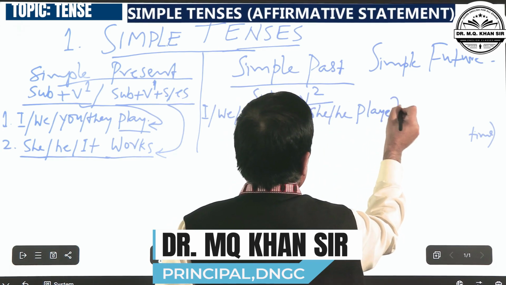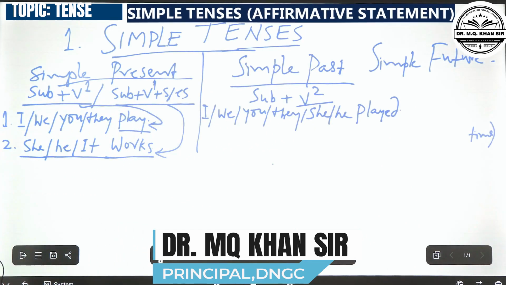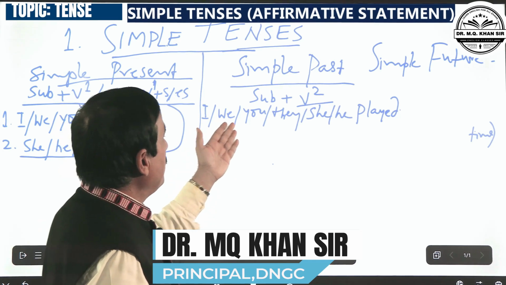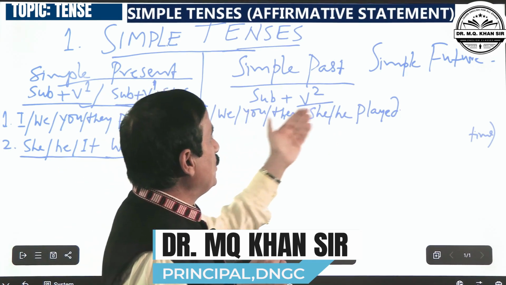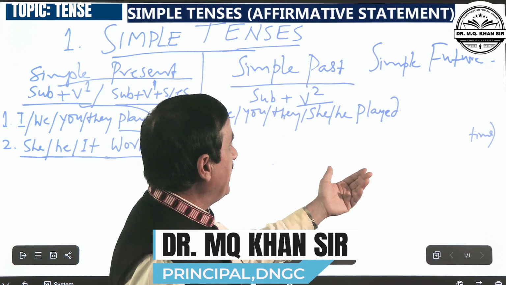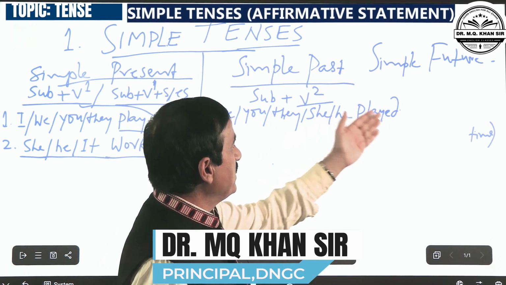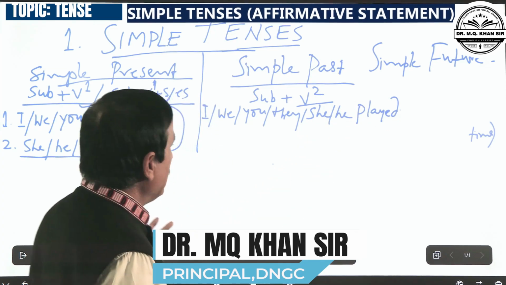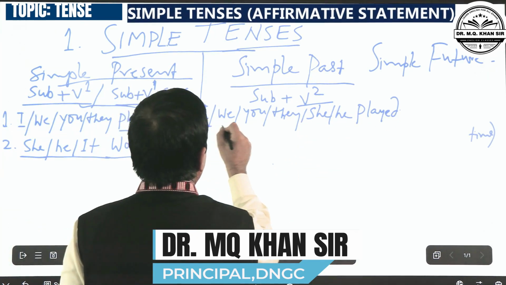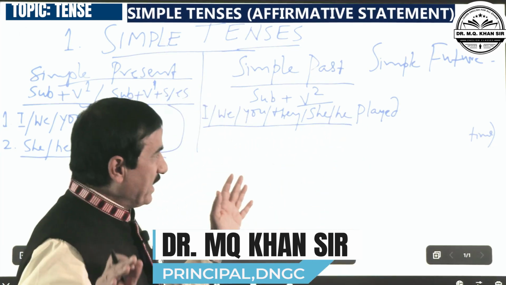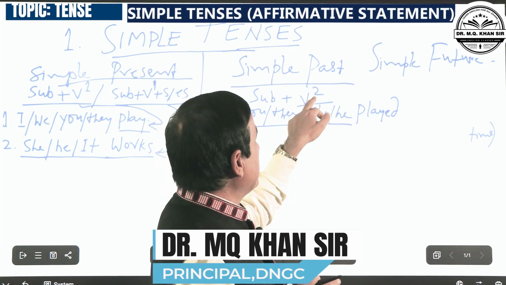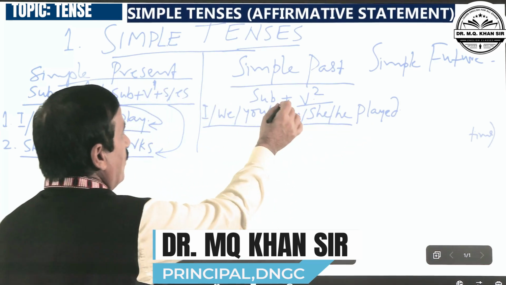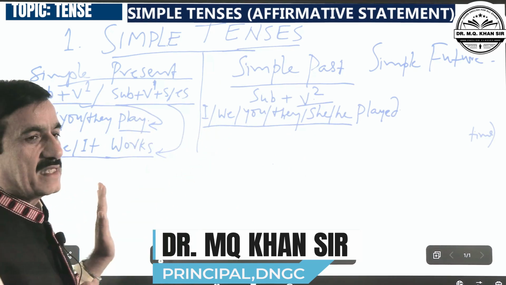V2 means past form of word, like I played, we played, you played, they played, she played, and he played. Whatever be the subject here, you can use just the second form of verb, called verb 2, and it will become simple past tense.